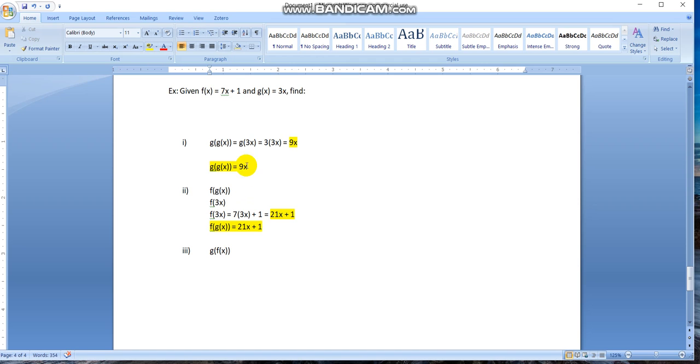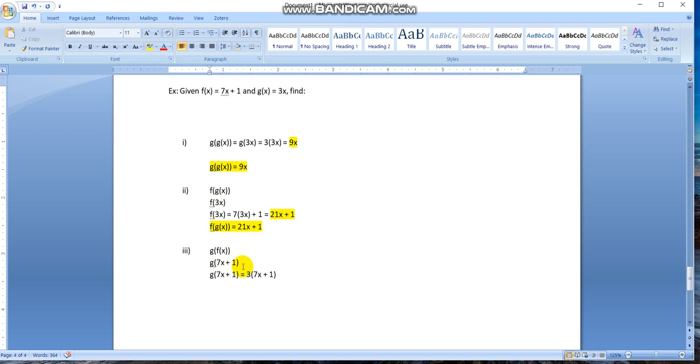Okay. And the last example that I have for you guys is g of f of x. This means everywhere we see f of x, we're going to plug in 7x plus 1. Now for everywhere we see an x, we're going to plug in 7x plus 1. So g of 7x plus 1 is going to equal 3 times 7x plus 1.